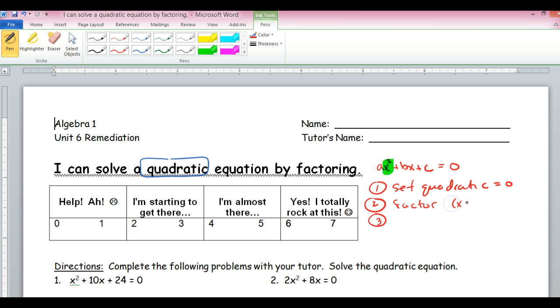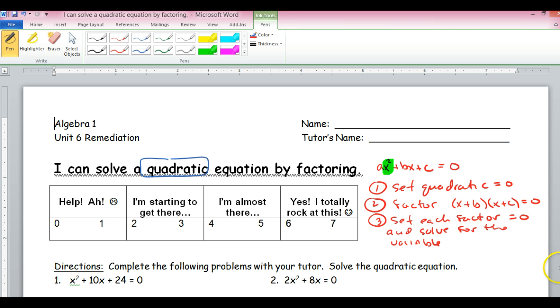Now, once we factor, we'll have something like (x plus b) times (x plus c) equals 0. So, to get the solutions, we set each factor equal to 0 and solve for the variable.